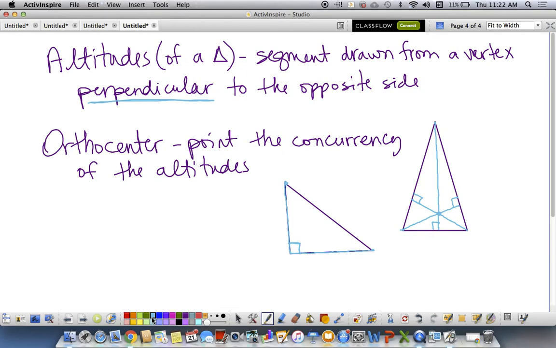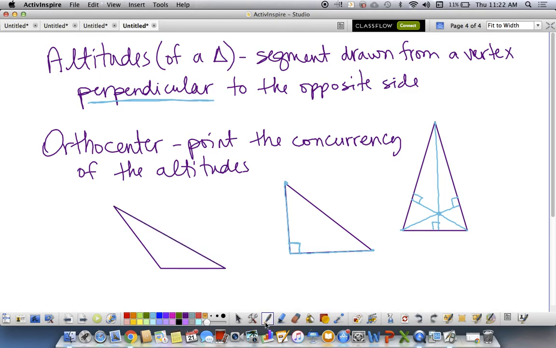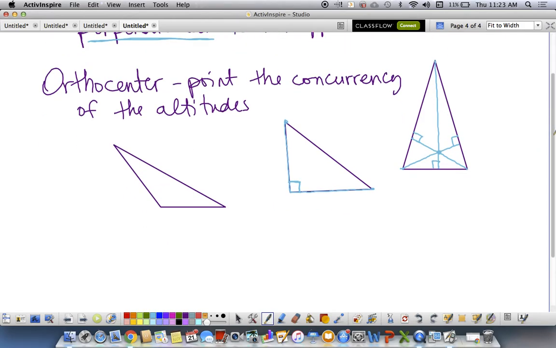What about an obtuse triangle? And then we'll go back and try not to draw too big of a triangle. Okay, so when I go a segment from the vertex to the opposite side perpendicularly.